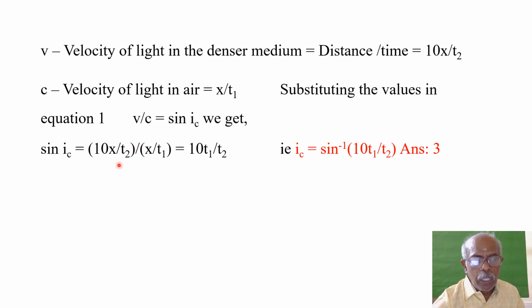So 10 is there, this t1 is also there, 10t1 divided by t2. x and x get cancelled. So sin IC is equal to 10t1 by t2. Therefore IC is equal to sin inverse of 10t1 by t2. So option 3 is the right answer.